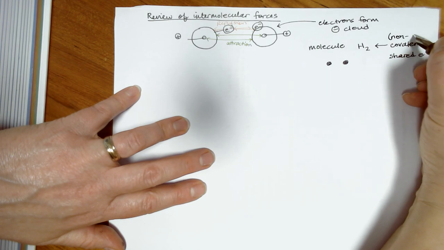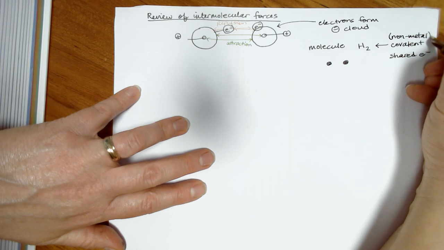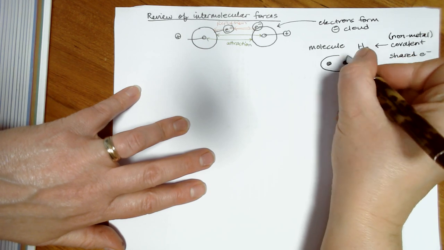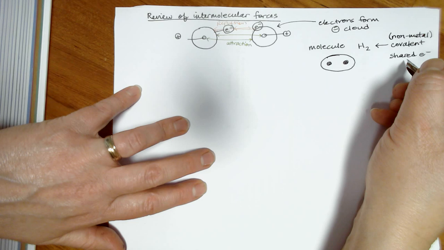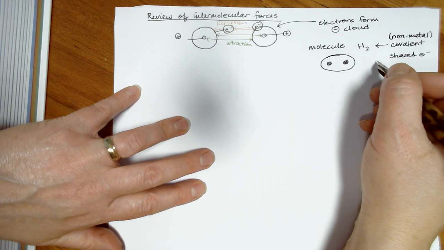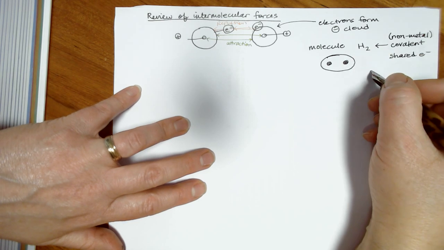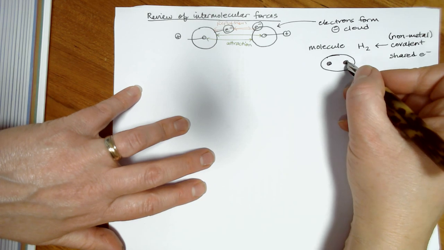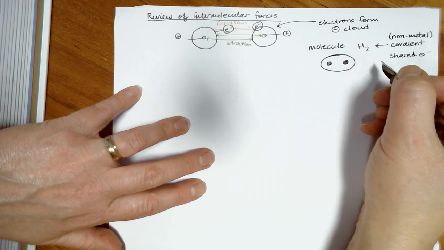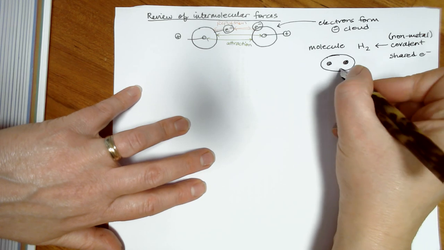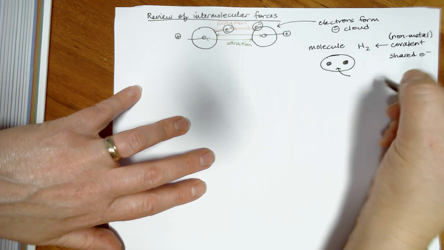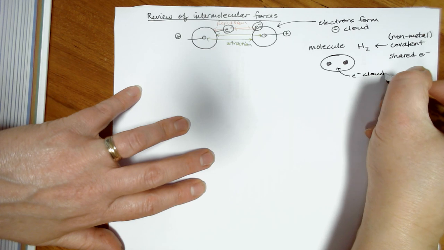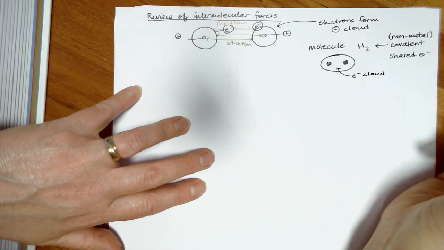The characteristic of a covalent bond like that with hydrogen is that these electrons are shared equally between the two atoms making up this hydrogen molecule. So this whole area that I've drawn is an electron cloud, and the electrons are just hanging out outside here.